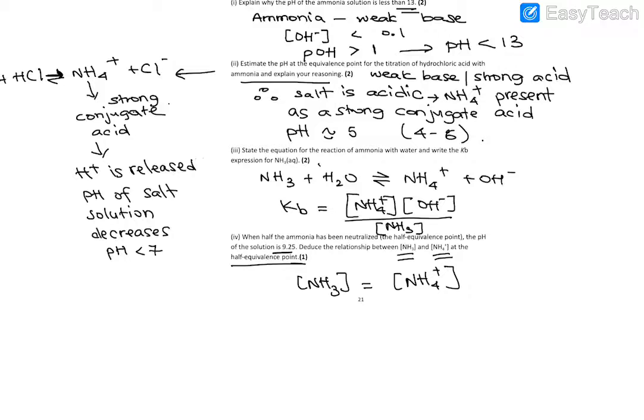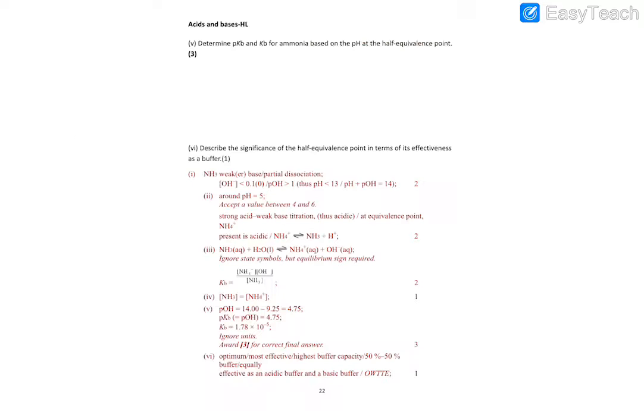At equivalence point, all the ammonia is going to be used up to get only the salt, but at half equivalence point, you have half of the ammonia that has reacted and it has produced an equal amount of salt. So the concentration of the weak base and its conjugate acid will be the same.